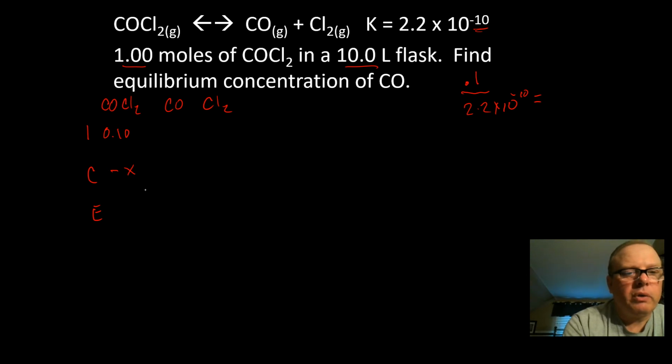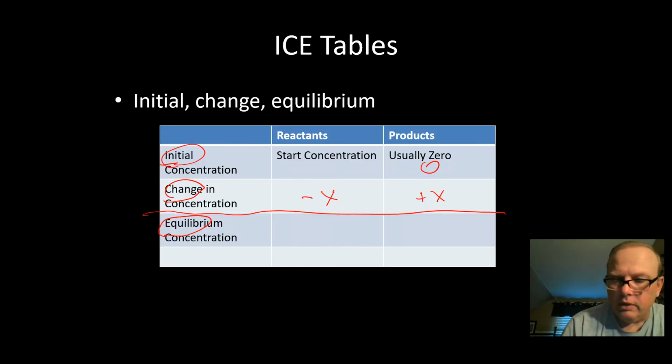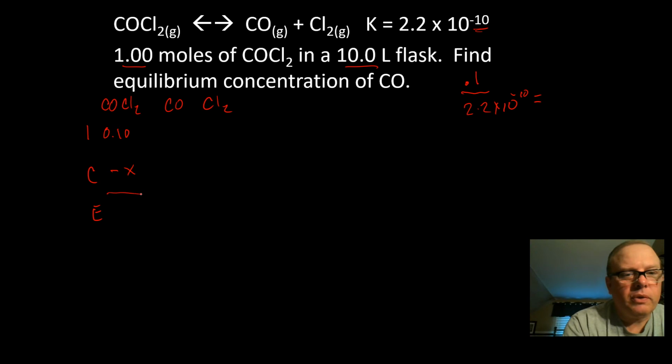So the equilibrium will be 0.10 minus X. These products, we're going to be starting at 0, so these are both going to be plus X's. So this will be concentration of X, and this will be concentration of X as well.